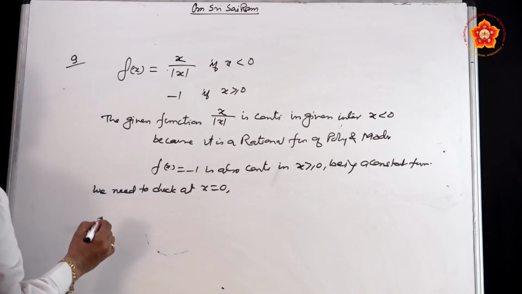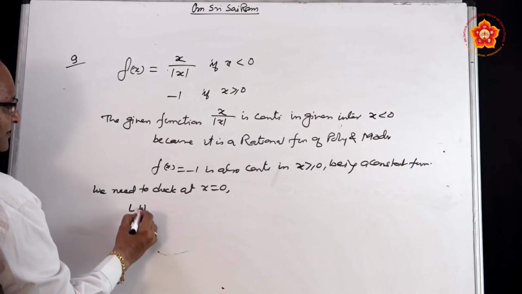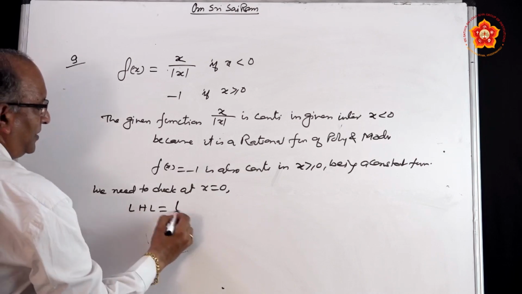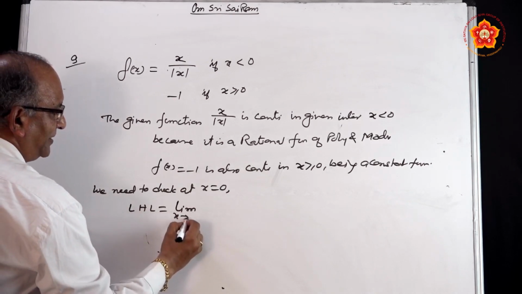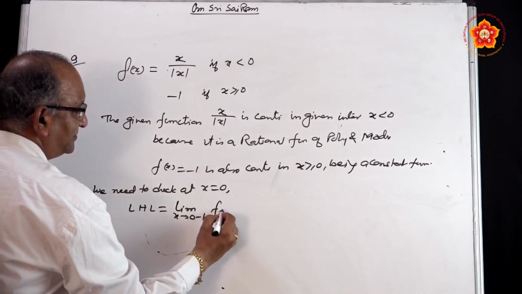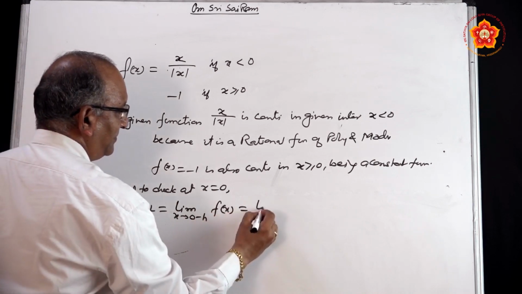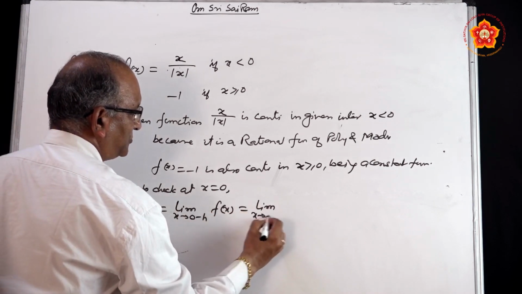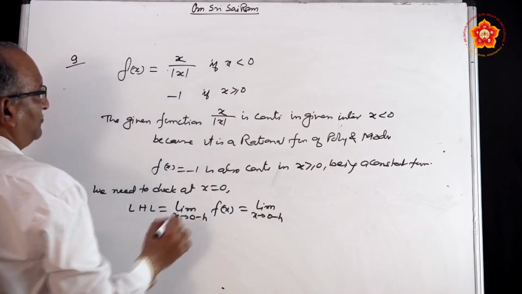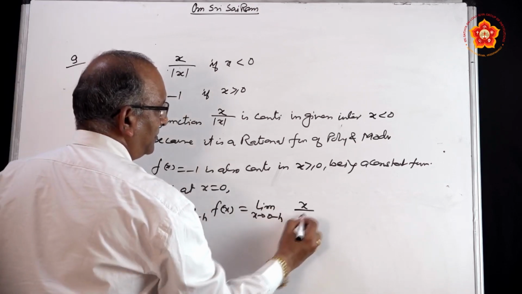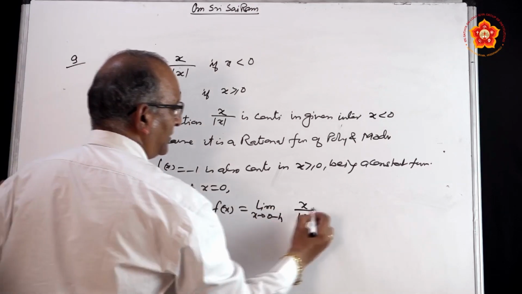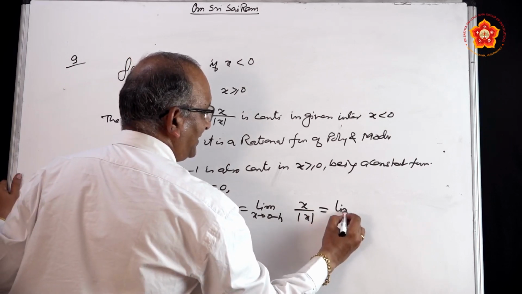So, check at x equal to 0. Left hand limit is equal to limit x tending to 0 minus h of f of x. Substitute the function, which is x upon modulus of x. Proceed, limit h tending to 0.